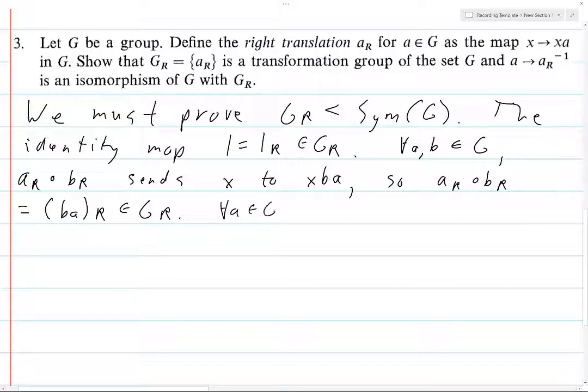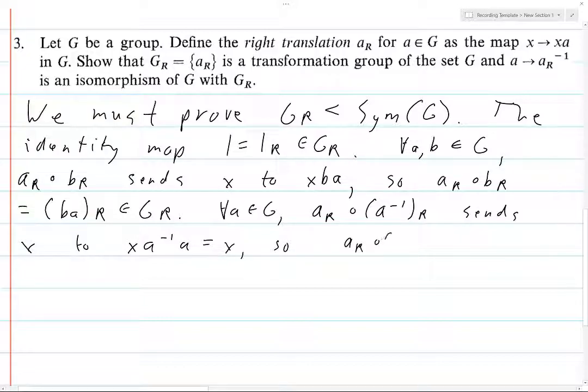Next, for all a in G, a_R of (a inverse)_R sends x to x a inverse a, which equals x. So a_R of (a inverse)_R equals 1.